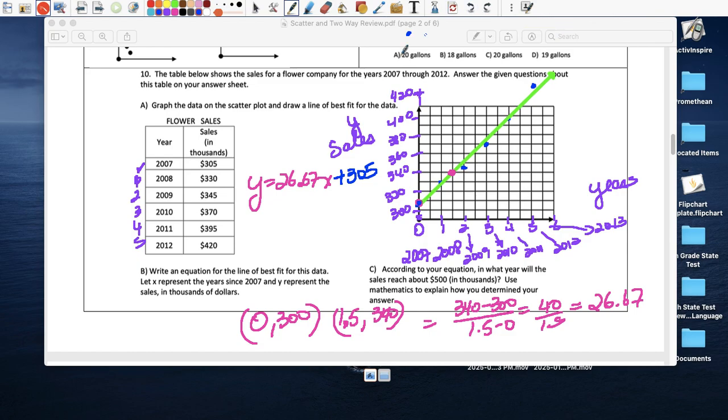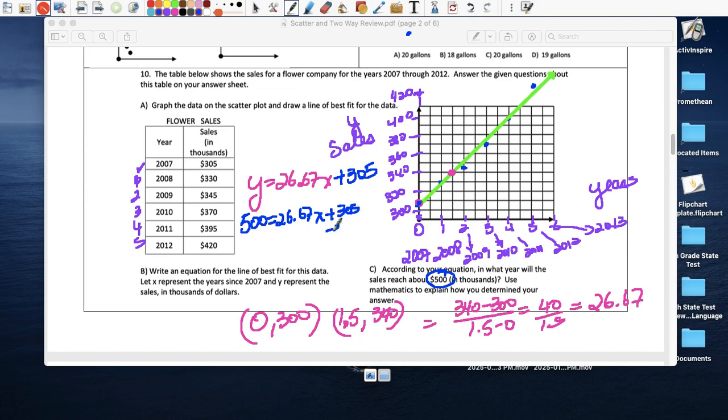But because we don't have that, we're going to use our equation. 500 is not x, because x represents the number of years, and this is going to be y. 500 is going to be our y, so 500 equals 26.67x plus 305.